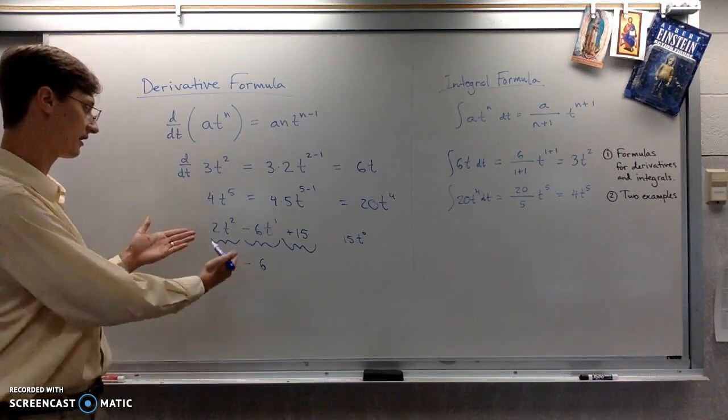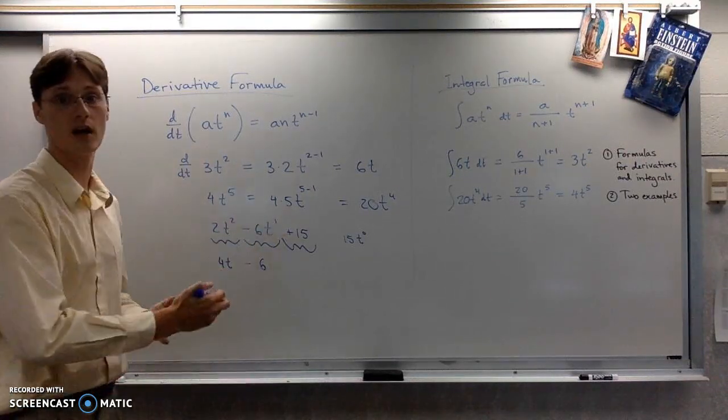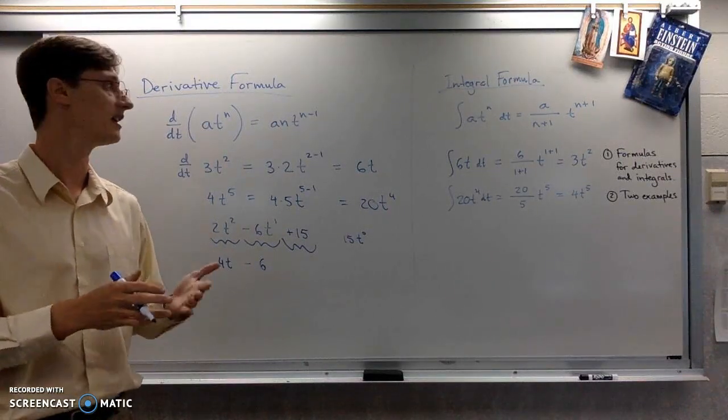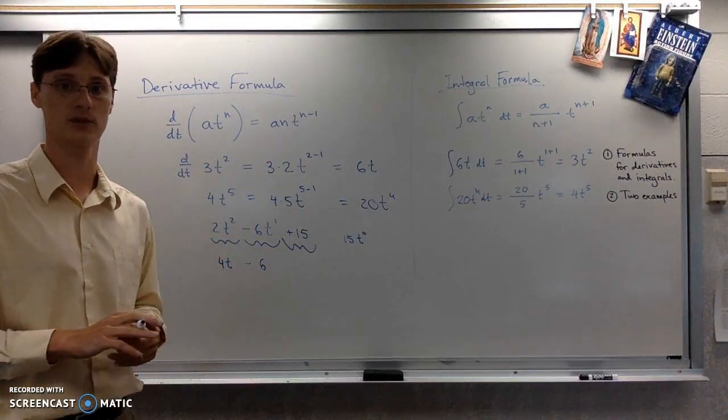The same kind of thing is going to happen if you want to take the integral of something that has multiple terms in it: you just take the integral of each individual term.